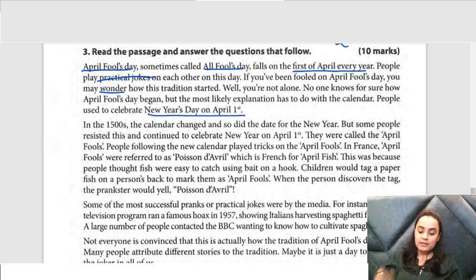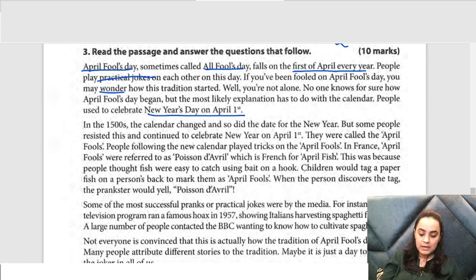So you see, on reading the very first paragraph of this passage, we've got the hint that this passage deals with April Fool's Day. So the writer tells us that April Fool's Day is sometimes called All Fool's Day, and it falls on the first of April every year. Now, people play practical jokes on each other.